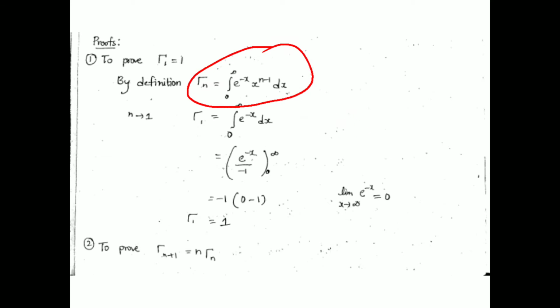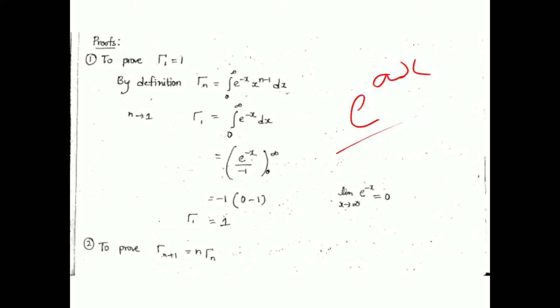Now integrating this, it is of the form e power ax, and the integration of e power ax is e power ax by a. Here in the place of a we have minus 1, so e power minus x by minus 1, and next we need to apply limits from 0 to infinity.